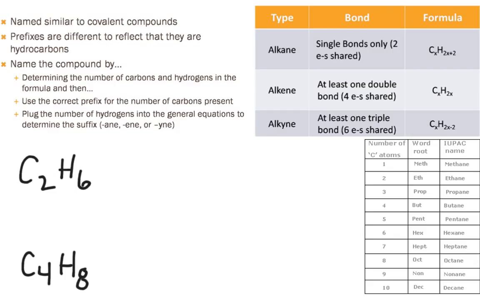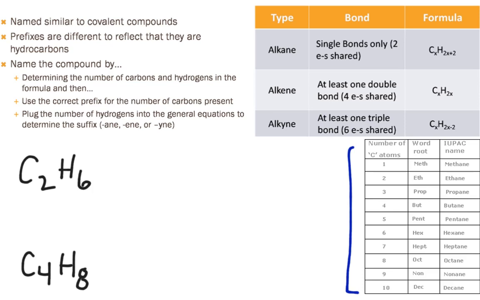There's a special way of naming these compounds. They are named very similarly to and follow very similar rules to covalent compounds. The prefixes, however, are going to be slightly different. Here is the list of prefixes: meth, eth, prop, but, pent, hex, hept, oct, non, and dec. It'd be a good idea to have these written down, but they're also available on your naming rule sheet.